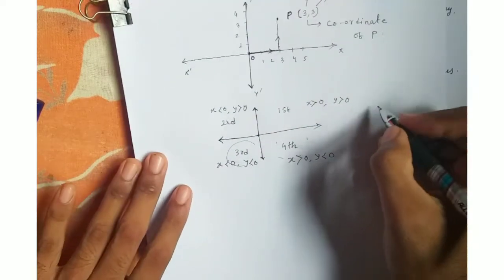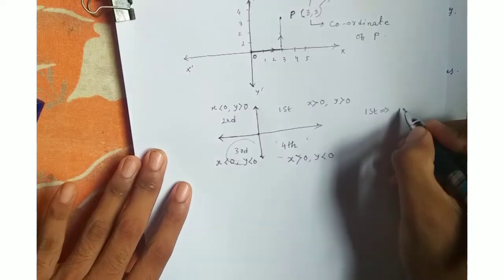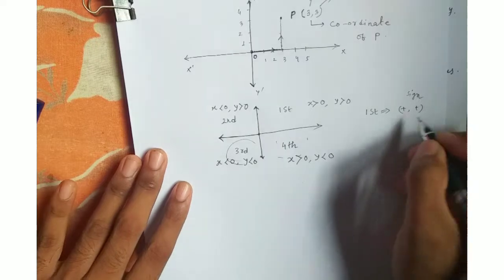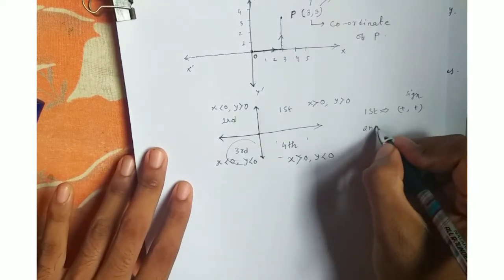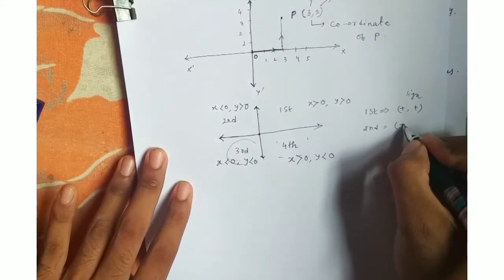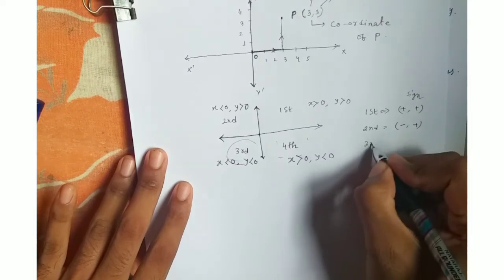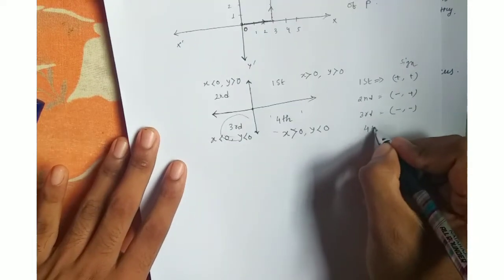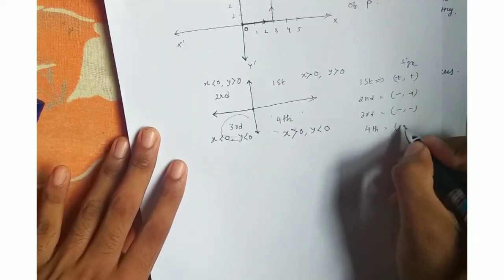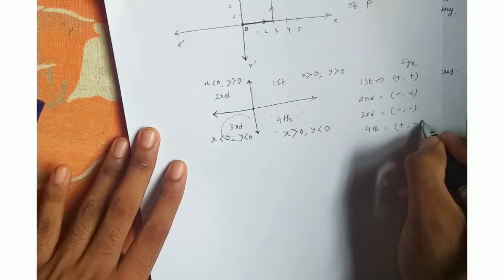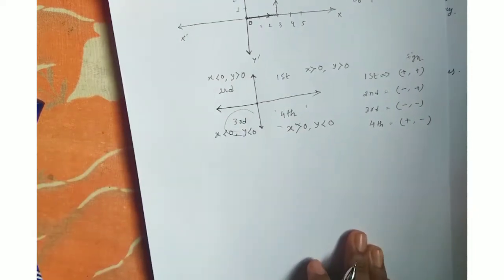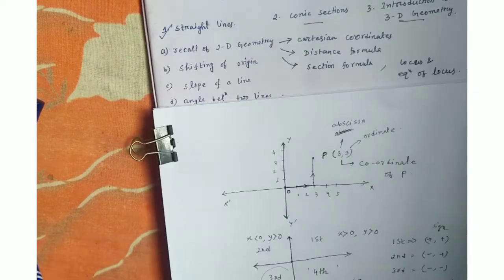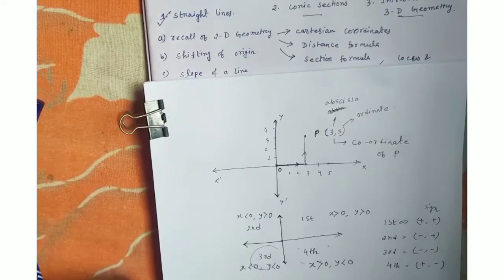So basically we can say that in the first quadrant the signs of abscissa and ordinate are plus, plus; in the second quadrant minus, plus; in the third quadrant minus, minus; and in the fourth quadrant plus, minus. Okay, so far we have discussed the Cartesian coordinate system.